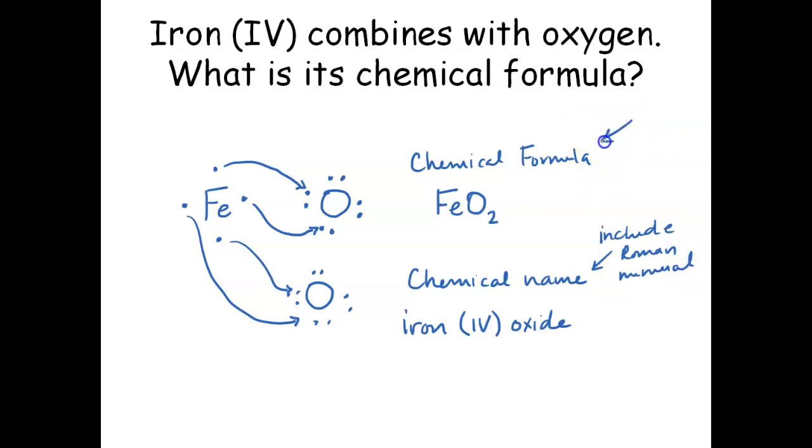For the chemical formula, do not. This one, the chemical formula, is simply a count of how many you have of each item or each element. So let's try one more of those.